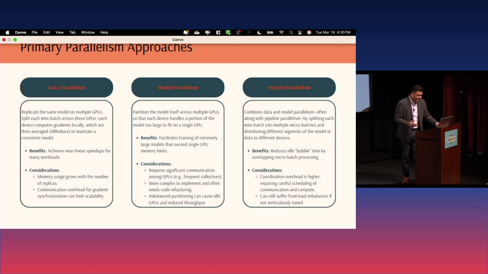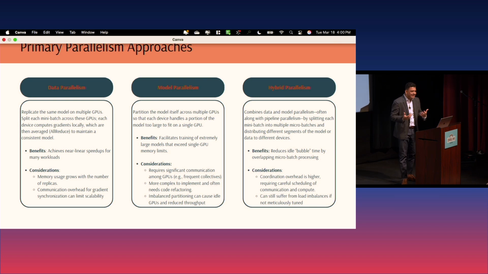The second type is model parallelism. So you are in a situation where neither your data nor your model can fit on a single GPU. Now you are forced to not only split your data, but you also need to split your model across different GPUs.